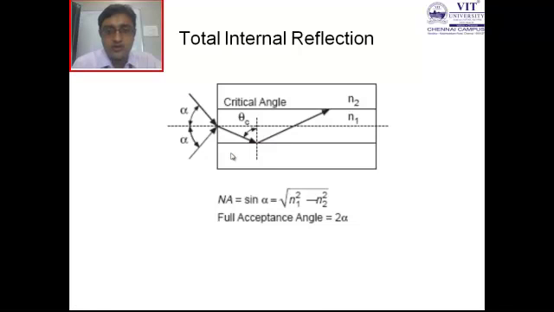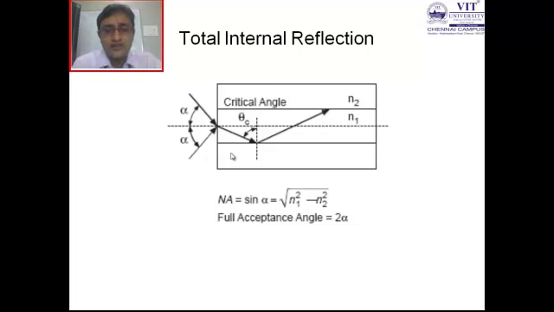Now let us go on to the next important topic, which talks about the communication of light within the fiber optic cable. The basic principle behind the communication in optic fiber cable is total internal reflection. Total internal reflection is a phenomenon which allows the light to be guided within the core and not to transfer out of the cladding.